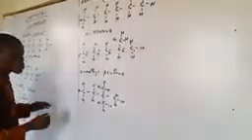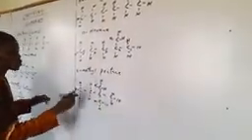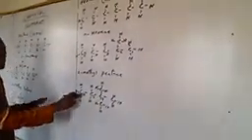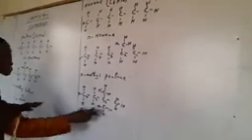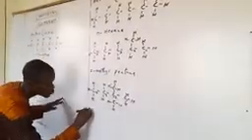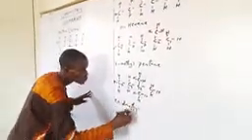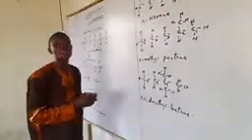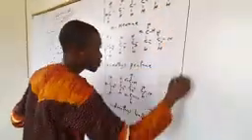When you look at the longest chain, which one is the longest? 1, 2, 3, 4. So the longest chain is 4. You start the numbering from here. Don't start it from the other side, it will be wrong in naming. Start from this short end because it is very close to the attachment. So how many attachments do we have? We have 2, dimethyl. What's the location? 2,2. That entails butane.